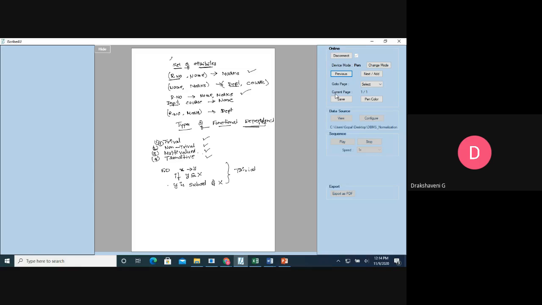So then we say it is functionally dependent. Then when do we say it is a semi-trivial? So when X is functionally dependent on Y and the intersection of X and Y is not null, or when X is not equal to Y, then we call it as a semi-trivial. Yes, these are some of the properties.